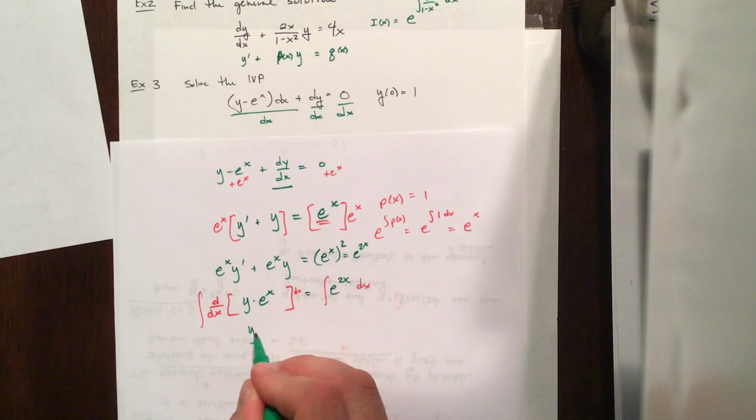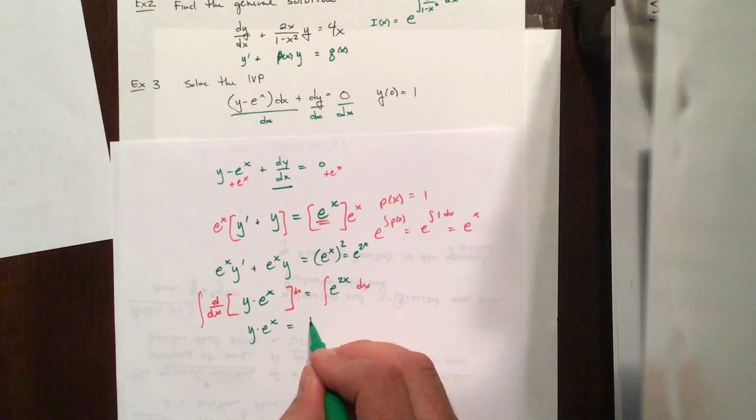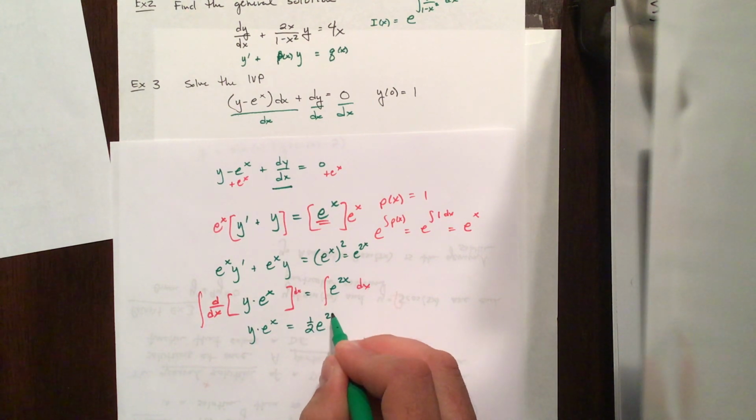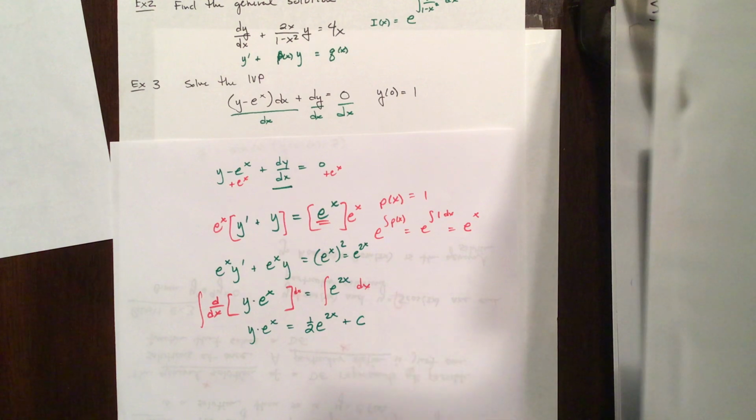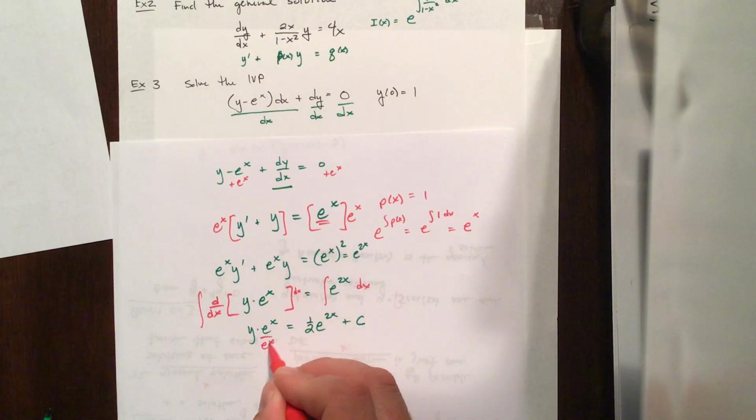We get y e to the x on the left. We get 1/2 e to the 2x plus a constant on the right. Does that look right? Yep. And now let's divide by e to the x.